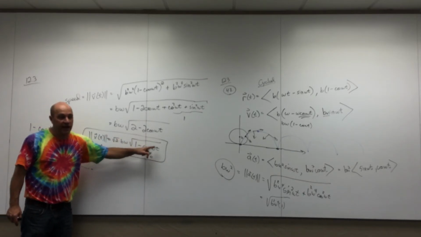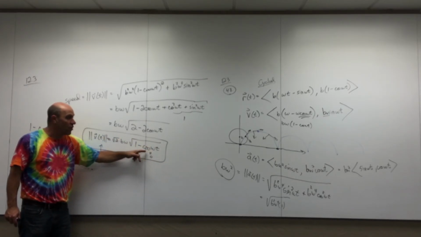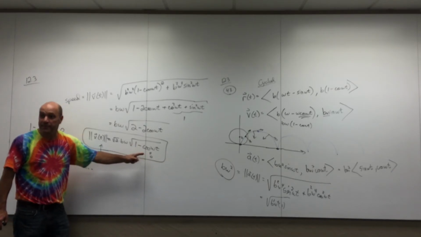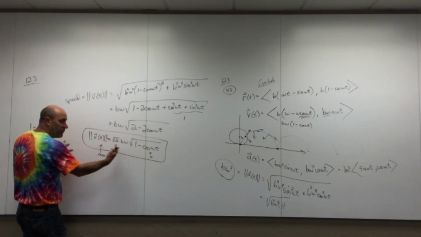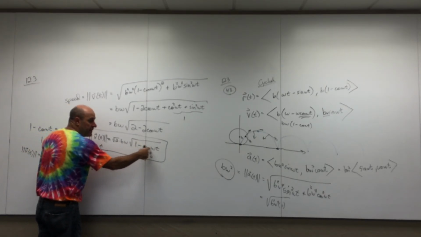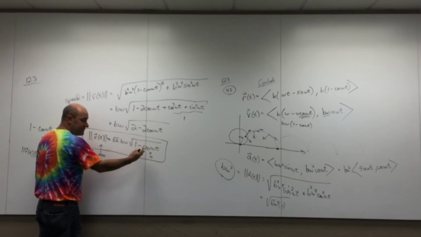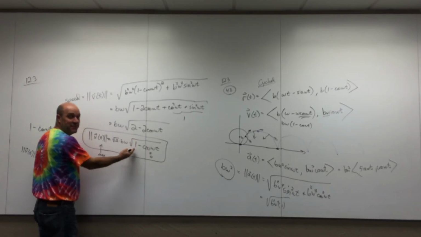Cosine will be a decimal somewhere between, oh, wait a minute. What if it's negative? Yeah, if cosine's a -1, that's a maximum, because what's 1 minus a -1? 2.